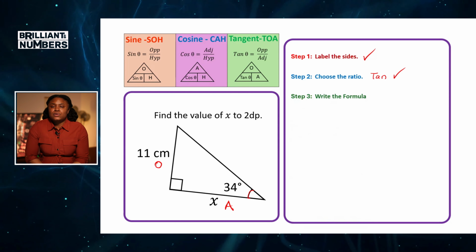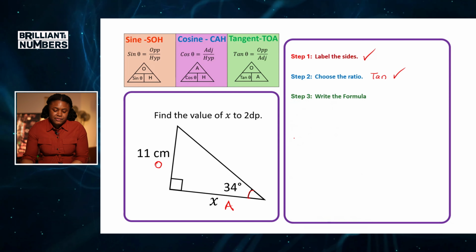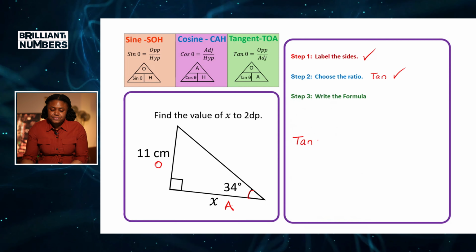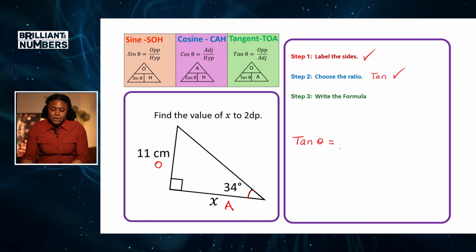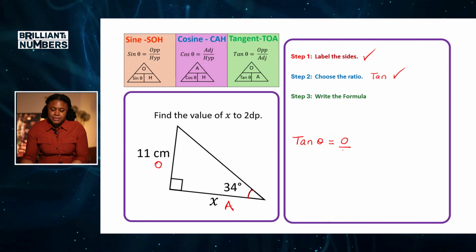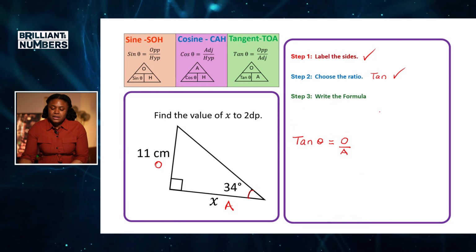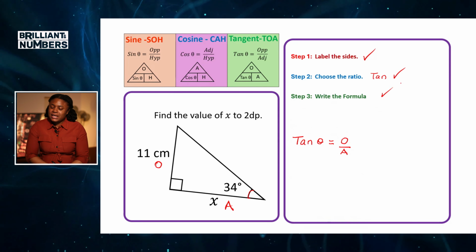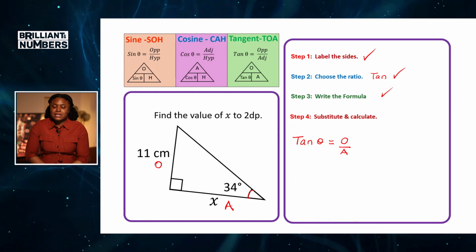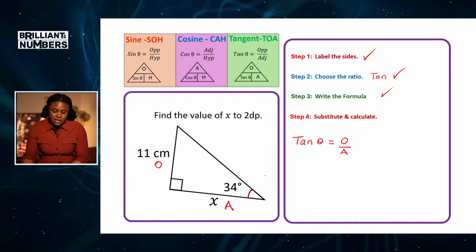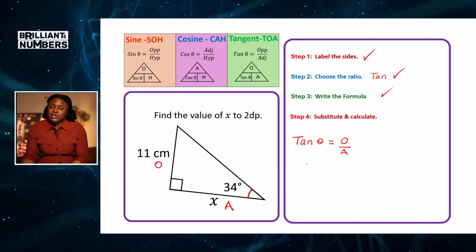Now I need to go for step 3. I need to write my formula. So tan theta is equal to my opposite divided by the adjacent side. Chosen my formula, check that off. Now I need to substitute and calculate. So the given angle here is 34.